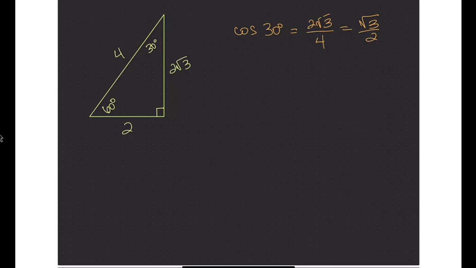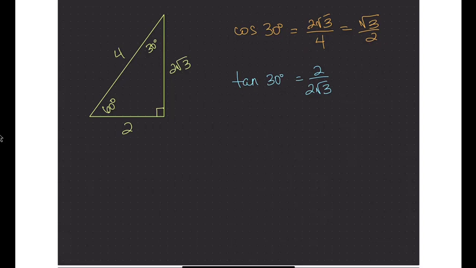What about if I had the tangent of 30 degrees? Tangent is opposite over adjacent. What's opposite? 2. What's adjacent? 2 square root of 3.